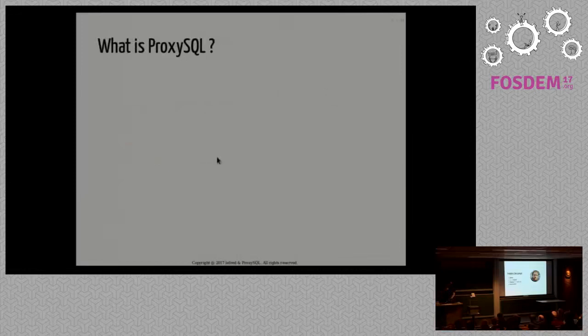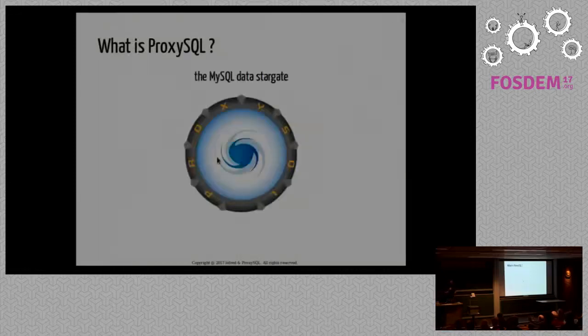So first, let's talk about what ProxySQL is. This is the MySQL data Stargate. That's it. This is all you need to know. If you need to know a bit more detail, you have had a lot of it. Basically, it was already introduced in the previous session. For those who were not here, the idea is that a proxy has to be a middle layer between the application and the database server.